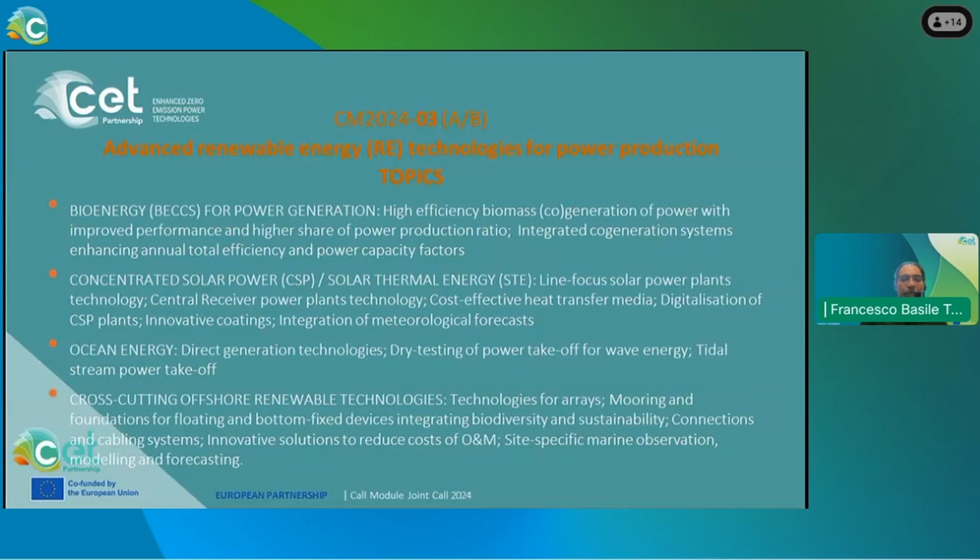So integrating offshore technology with sustainable solutions is very important, as is the possibility of having operation and maintenance integrated in the technology, facilitating its cost effectiveness. Marine observation, modeling and forecasting is also a crucial point for these sectors. Next slide.